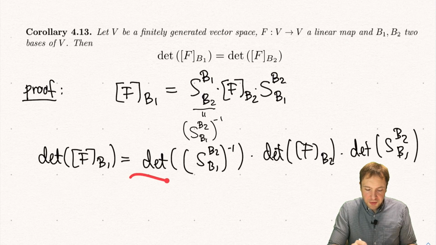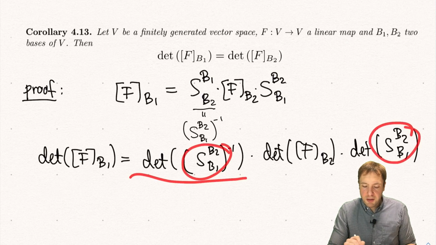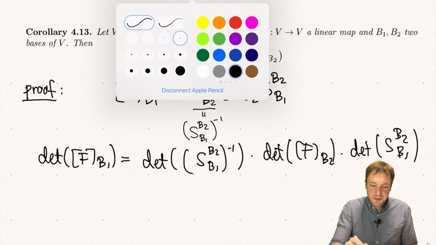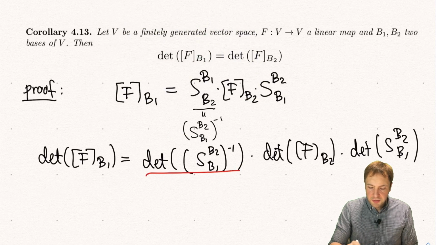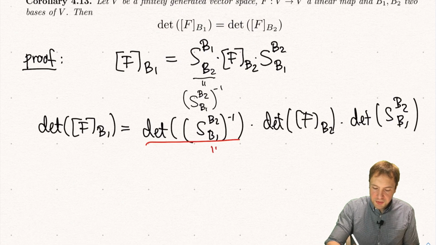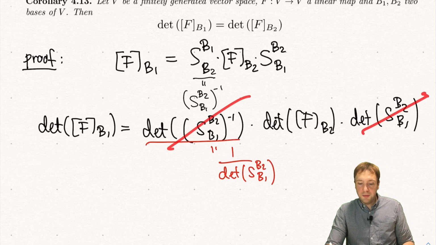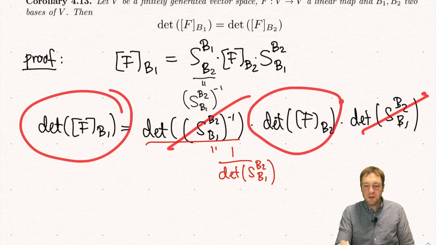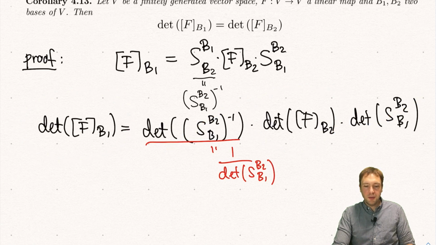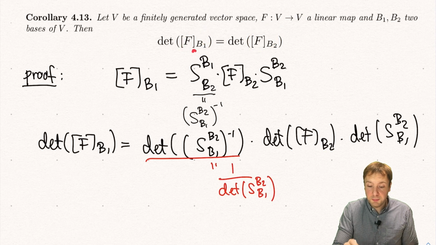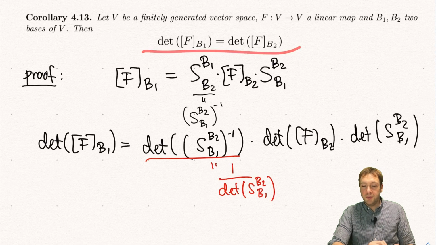But here we have the determinant of the inverse of this matrix, which is just 1 over the determinant of S_B1,B2, and therefore these two terms cancel out, and we see that the determinant of this matrix is the determinant of this matrix. So even though these matrices are different for different bases B1 and B2, the determinant is the same.